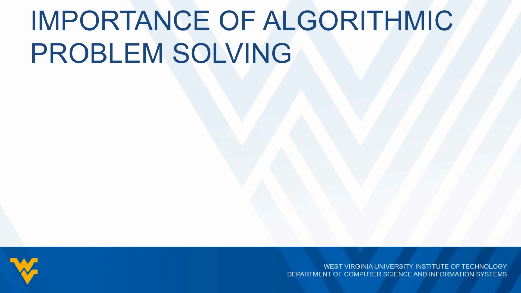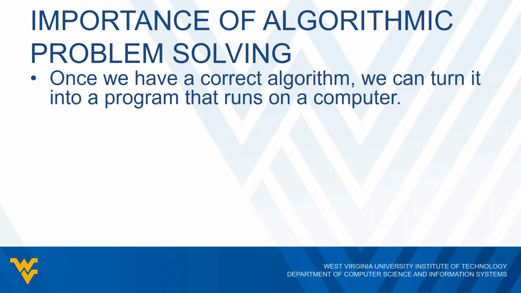Now we'll end the lecture by answering the question, why is it important to have algorithms? What's the importance of algorithm problem solving? I think I've mentioned it a little bit before, but it's nice to reiterate the whole purpose of designing the algorithm. Once we have a correct algorithm where all the instructions are clear, unambiguous, efficient, and will actually stop, then we can turn it into a program that we can have run on the computer.